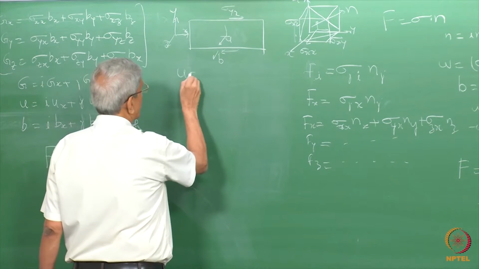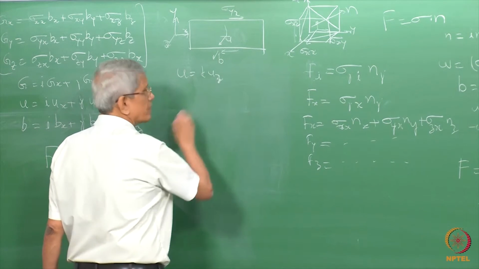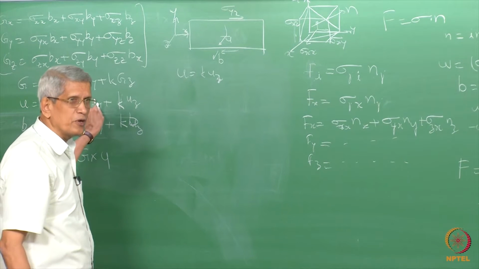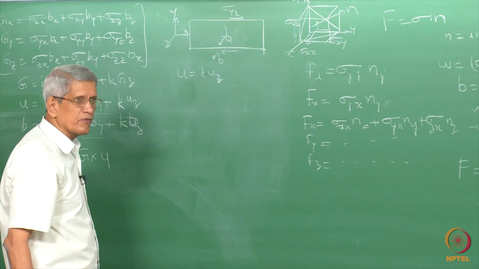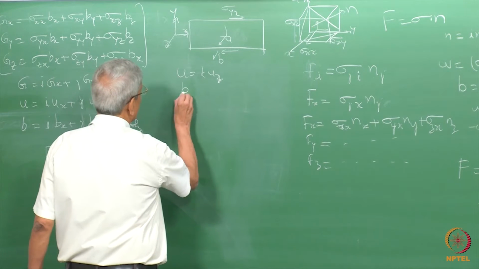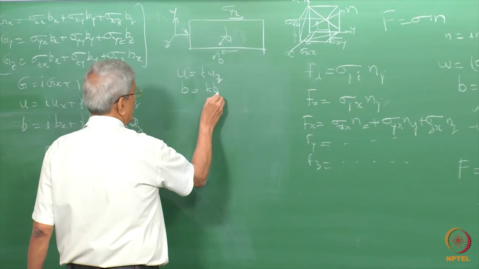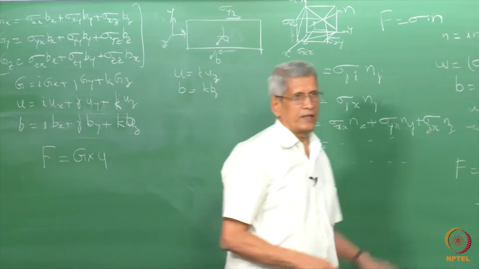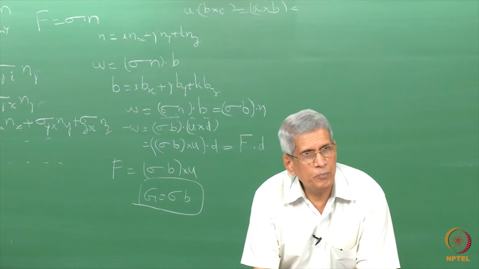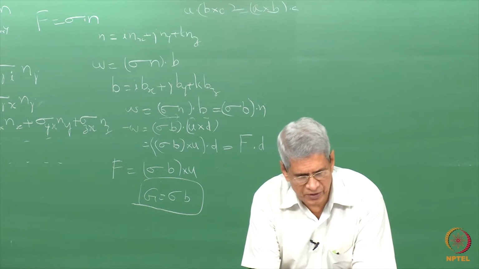So u will become k into uz, with respect to the vector notation, and the others are going to be 0. Then b will become k into bz, right? Only the z component, because the expression which we have derived is for the generalized direction of u and the generalized direction of the Burgers vector.